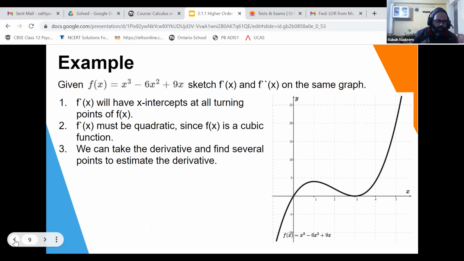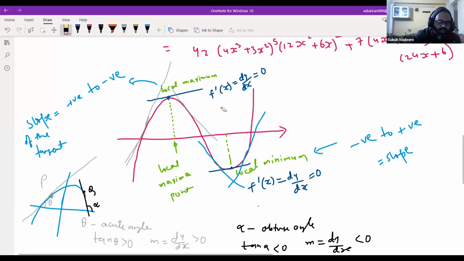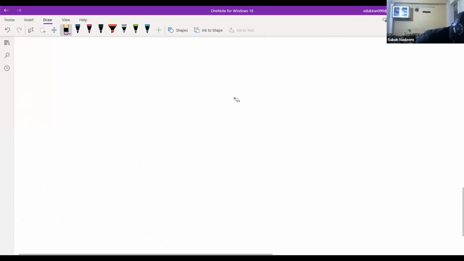So here the example is: a function f(x) is given, that f(x) is x cube minus 6x squared plus 9x.